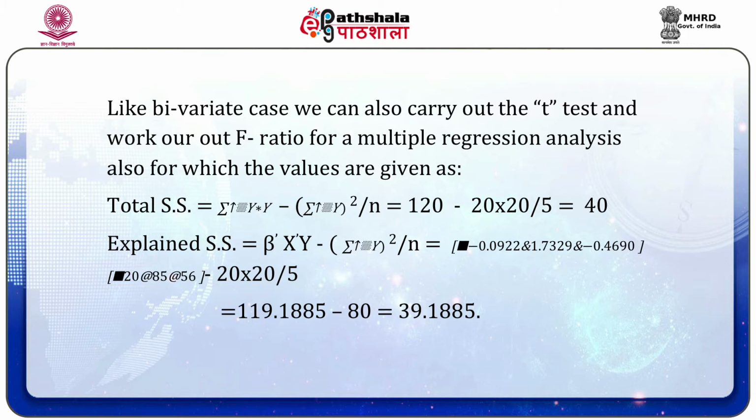Explained SS is equal to beta prime xy minus (summation y) whole square upon n, which is equal to (minus 0.0922, 1.7329, minus 0.4690) times (20, 80, 56) minus 20 into 20 upon 5, which is equal to 119.1885 minus 80, which is equal to 39.1885.